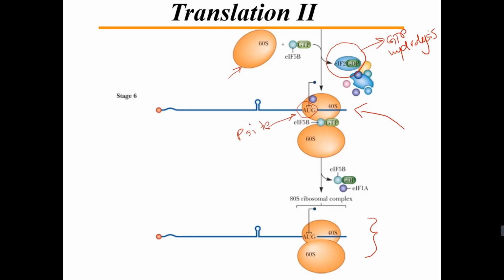And we then have assembly of the final 80S ribosomal initiation complex so that we can begin protein elongation. And all of these initiation factors will then dissociate and then hydrolyze GTP. And then finally, we're left with the initiator Met tRNA at the P site, and assembly of the 80S ribosomal complex. And then we can begin protein elongation in eukaryotic cells.